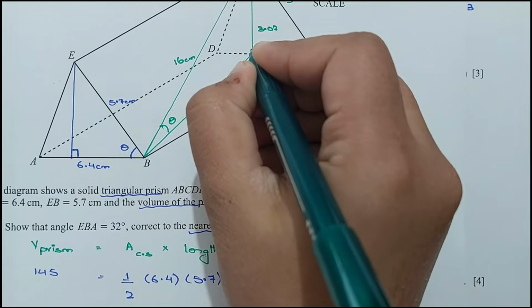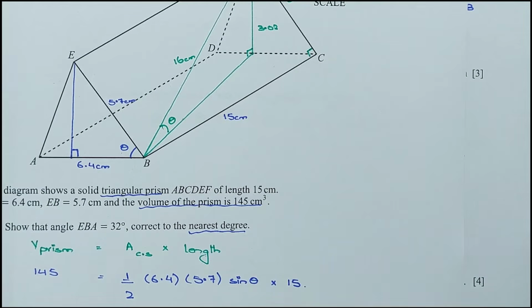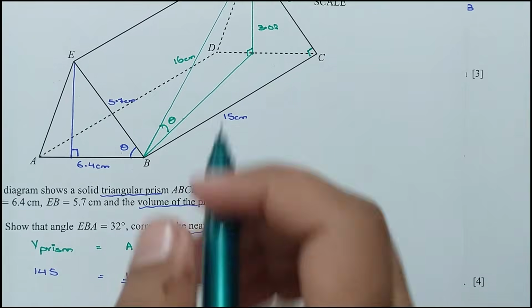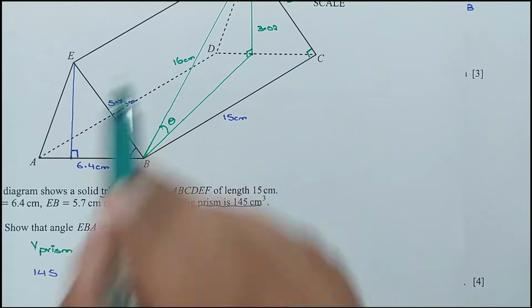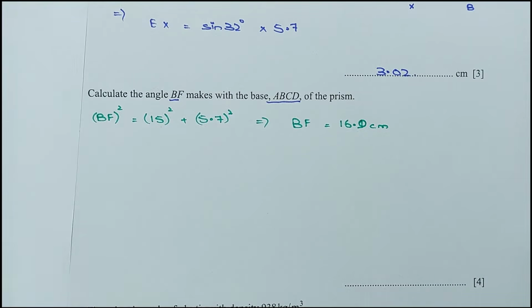So now this is a right angle triangle. So we can use opposite over hypotenuse, we use a ratio of sine.